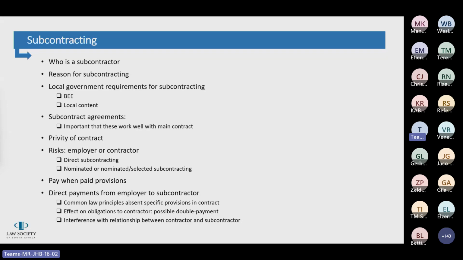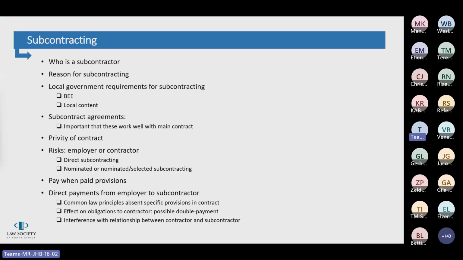Those were aimed to prohibit conditional or pay when paid clauses in the contracts, to prohibit the withholding of payments and require regular progress payments within defined timeframes, to introduce the right to suspend construction activities for non-payment, to introduce the right to charge interest on late payments, and to introduce a mandatory statutory form of adjudication for resolving payment disputes. Unfortunately, these draft regulations were not really well drafted, and after consultation with various stakeholders, they were ultimately withdrawn in October 2017 due to concerns with constitutionality. And unfortunately, it has also never been revisited.